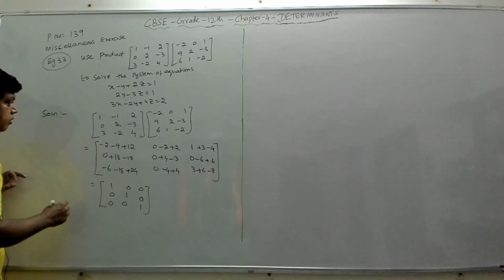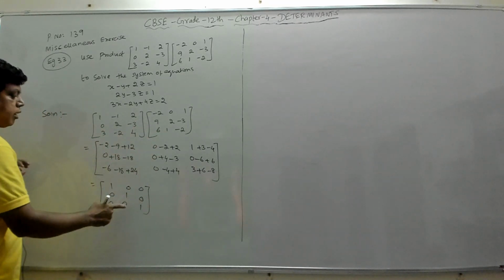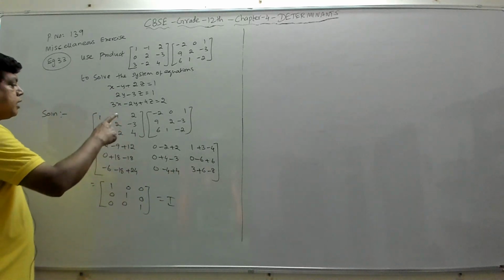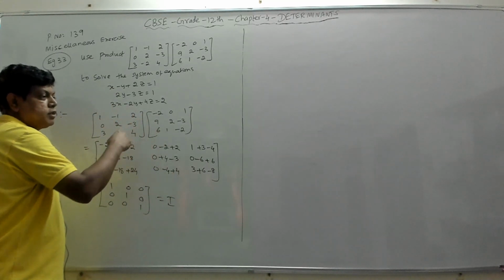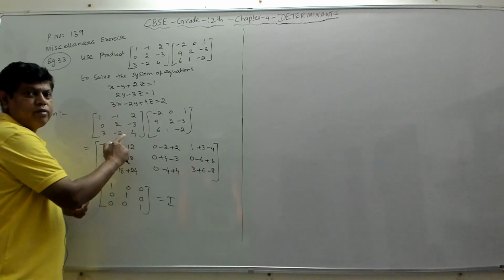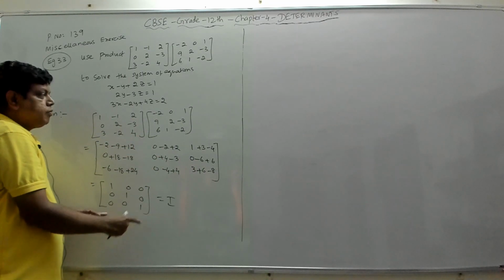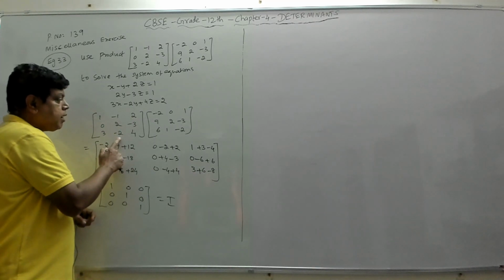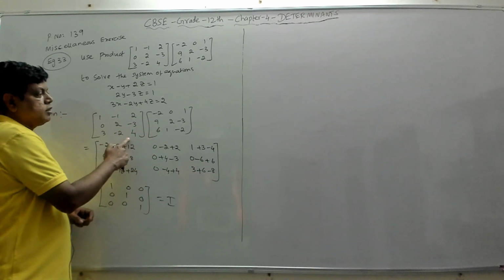So what we got? When you multiply these two matrices, we got the identity matrix I. So the inverse of this matrix is this, or vice versa. If you multiply two matrices and get the identity matrix, then the inverse of this matrix is this, or the inverse of this is this.